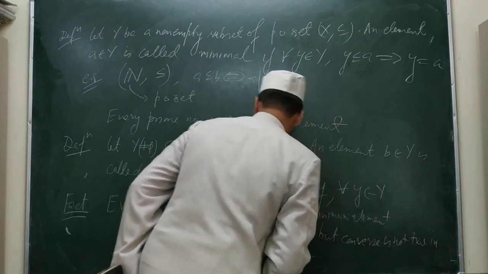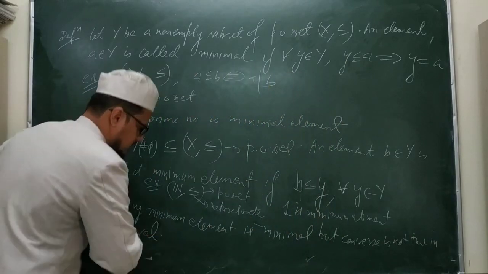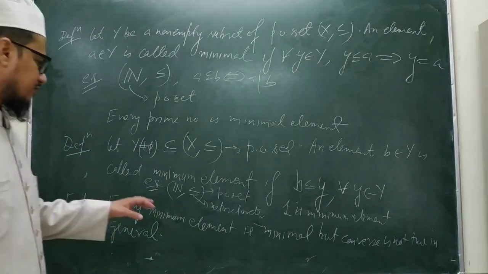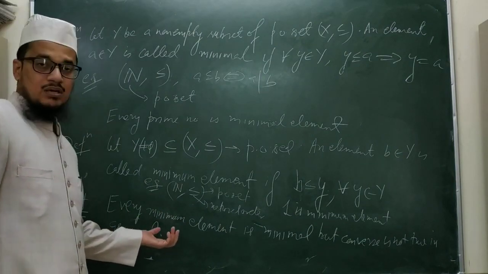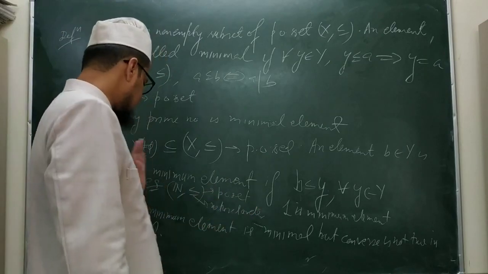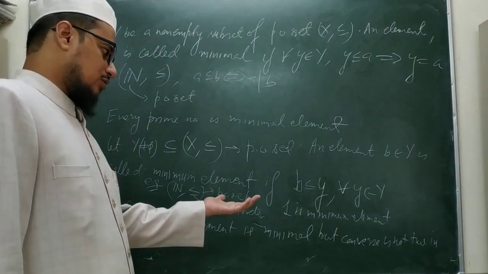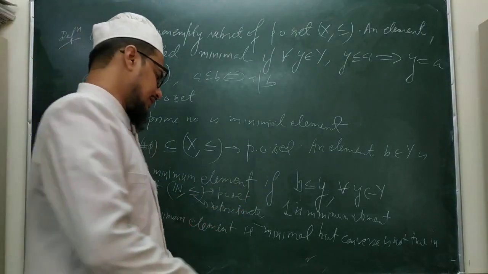For this, you have to verify it. First you have to prove that every minimum element is minimal, and to prove the converse is not true in general, you have to give a counterexample. So let's see.